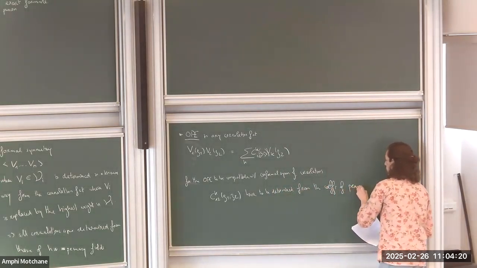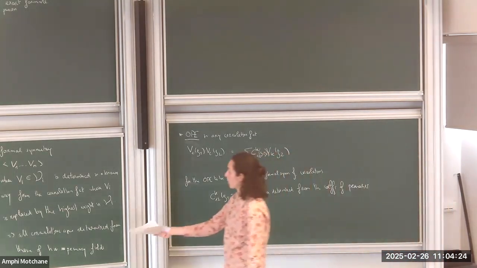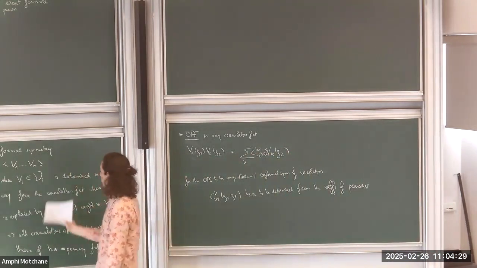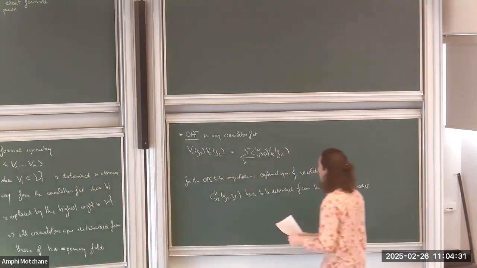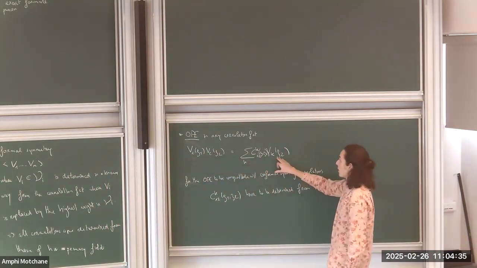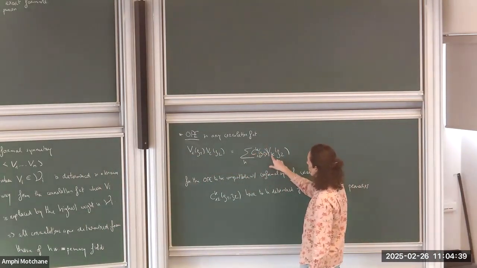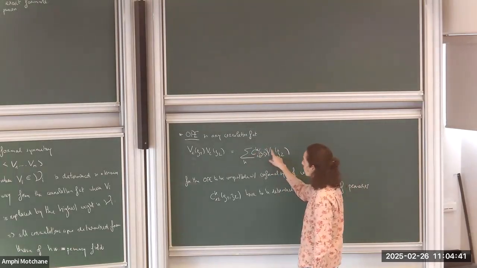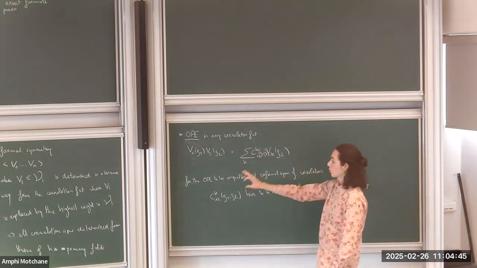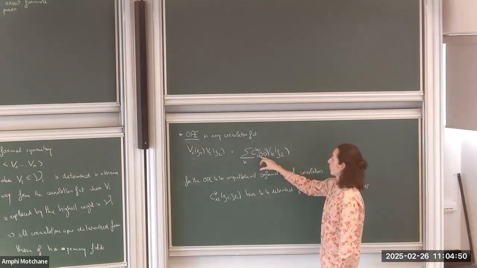What I mean by this is that I can determine any correlation of descendants in terms of a correlation of primaries, as I stated here. So if I insert such an OPE in a correlation function, I will get some coefficients of primaries when Vk is a primary, and I will also get some coefficients for its descendants. And for the two conditions to be compatible, the coefficients C^k_{12} are very constrained.